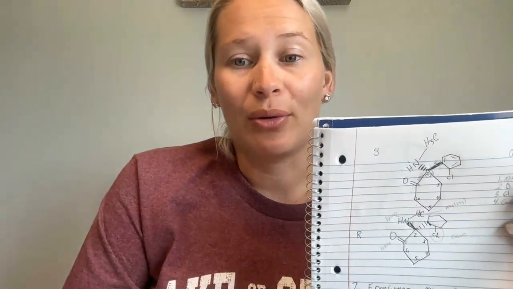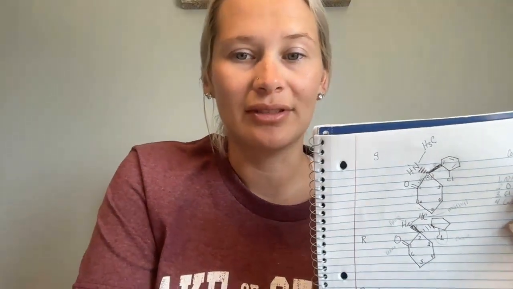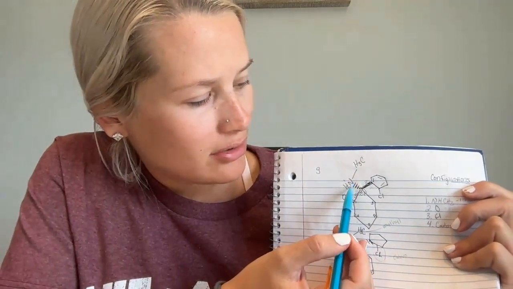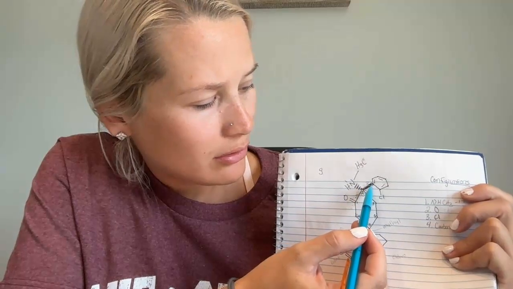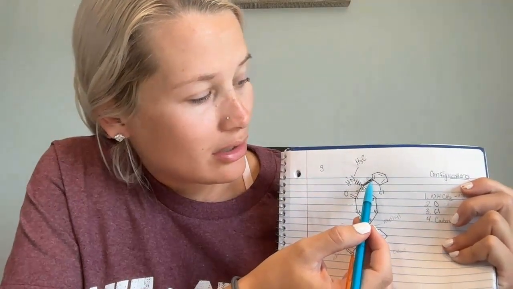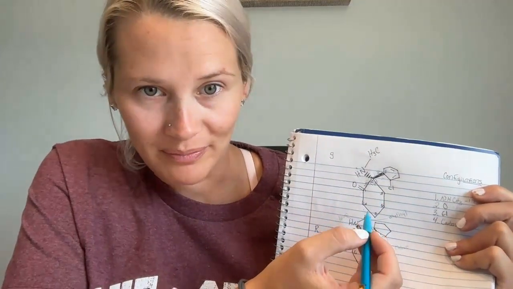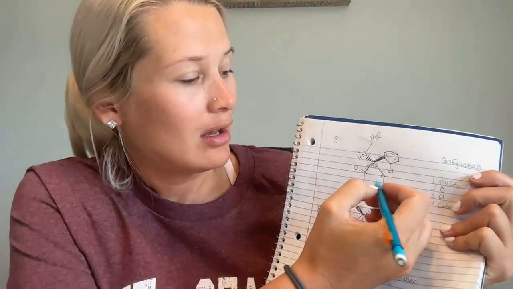So those priority groups are based off of atomic number. And the highest one, we start with this hydrogen, nitrogen, CH3, and then we go down to the chlorine, and then we go to the oxygen, and then the chlorine, and then the carbon. So our priority will circle this way.